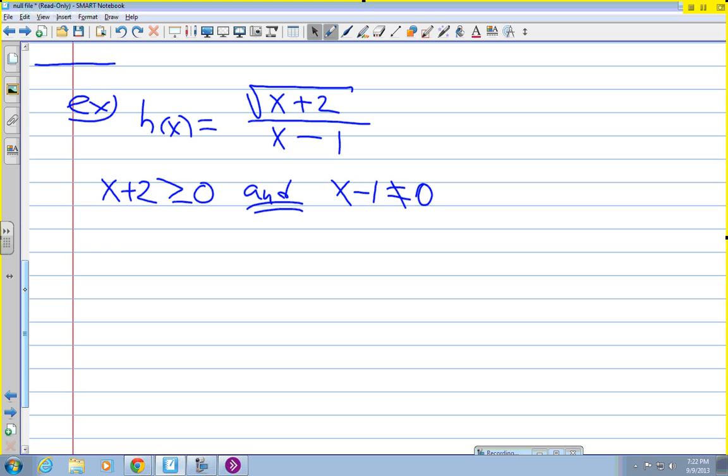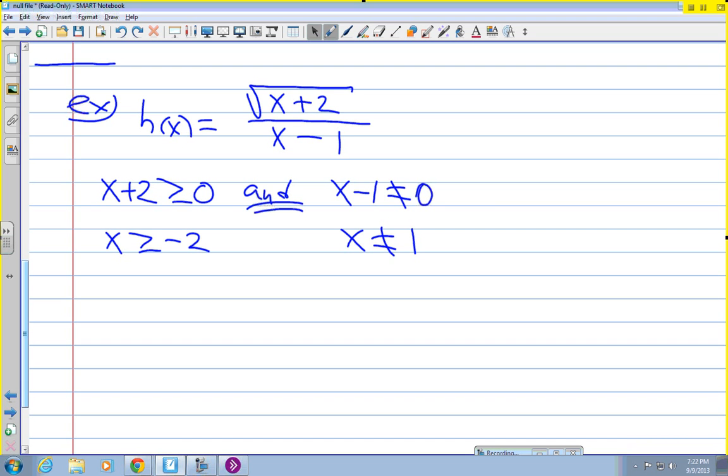Now I'm going to solve this first inequality, so x is greater than or equal to negative 2, right? And that other thing is pretty straightforward, x cannot equal 1. It's very important, because 1 is greater than or equal to negative 2, so I have to exclude 1 from my solution.